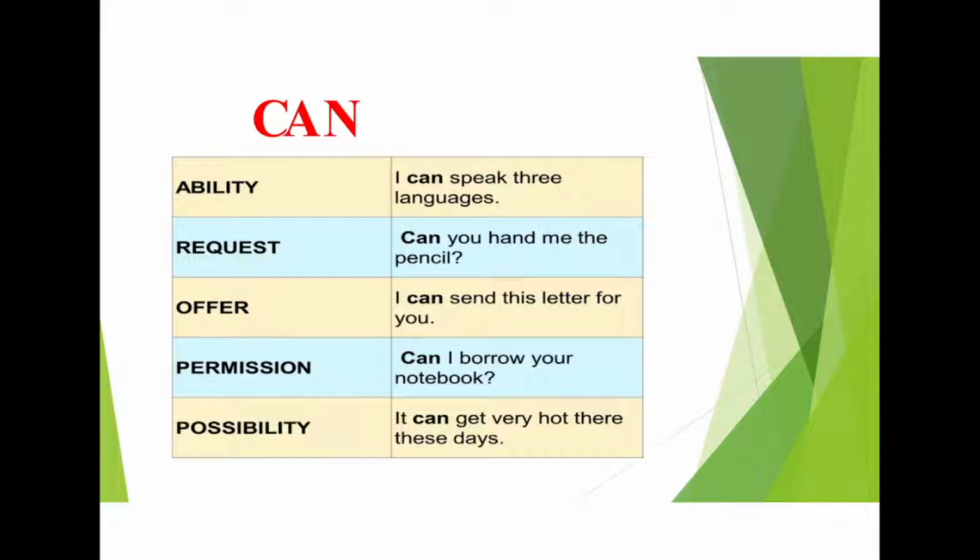Like, I can speak 3 languages. This sentence shows our capacity. Can you hand me the pencil? It is a request. I can send this letter for you, when you offer something to somebody. Can I borrow your notebook? It can get very hot there these days, when things are most likely to happen.